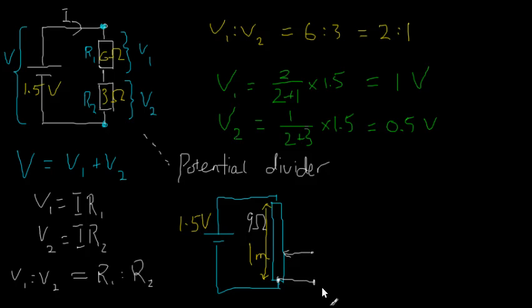Now if I do this, I can think of this long resistor as having two parts. One part would be this part here.